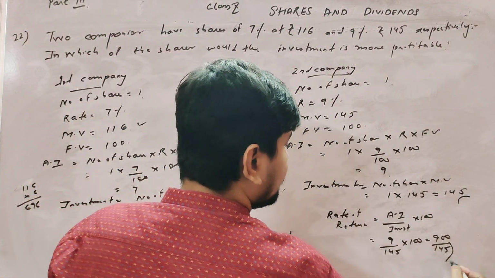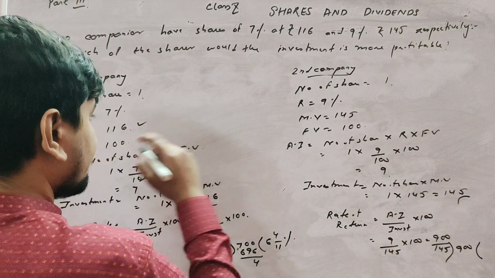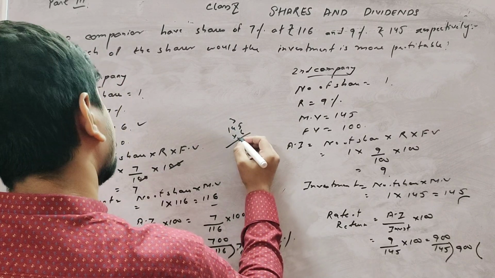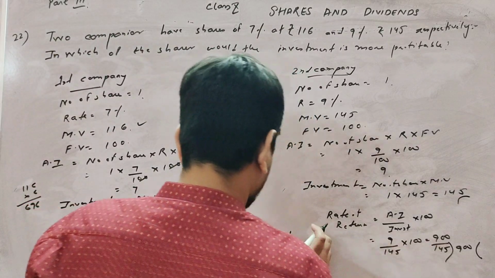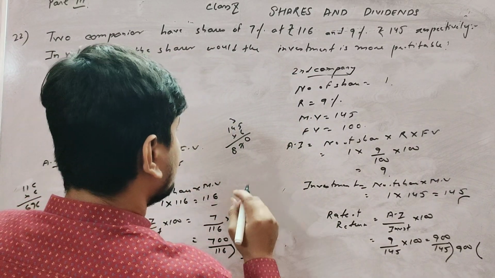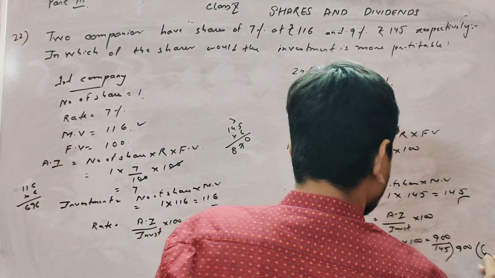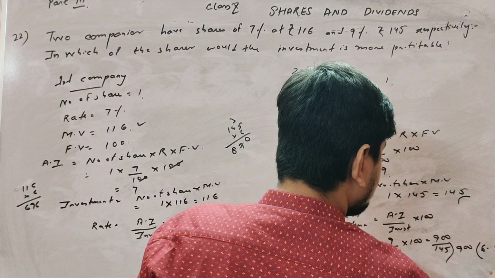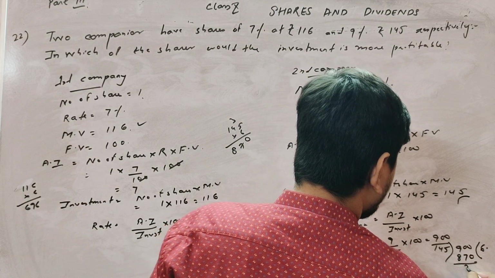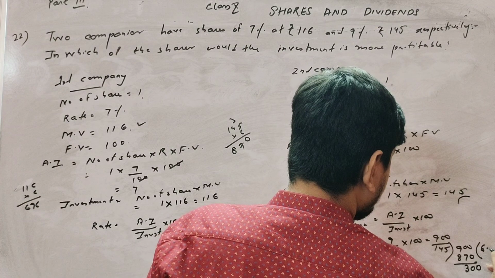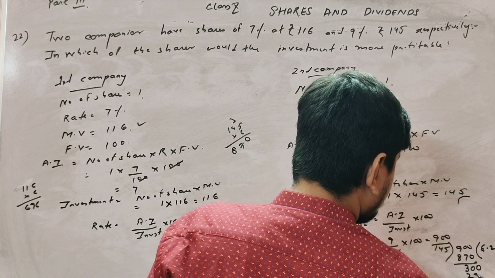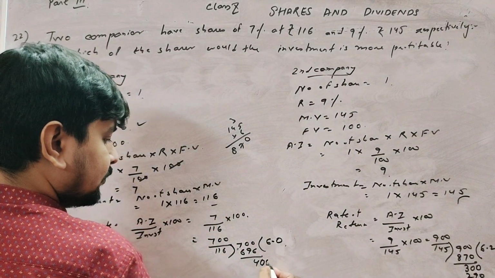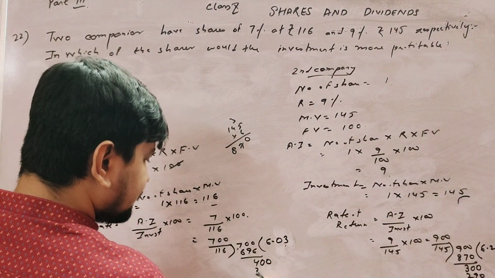Okay, so 145 upon 900. 6 times... that is 870, 30, so 0. 2s are 290, and here 4 is only left, 0 0 more 0, so 3s are 348.